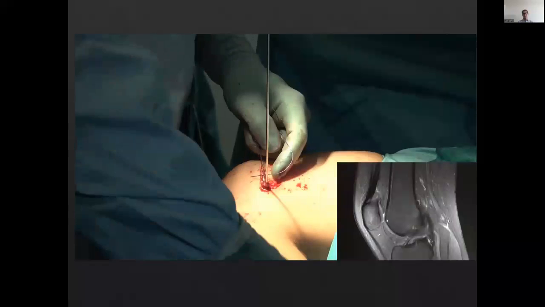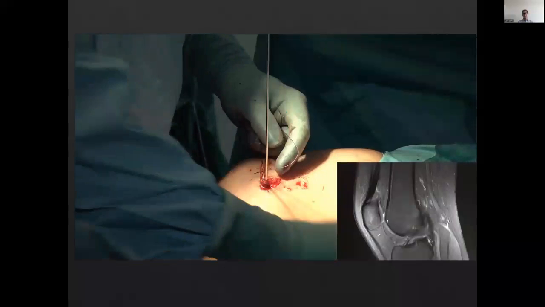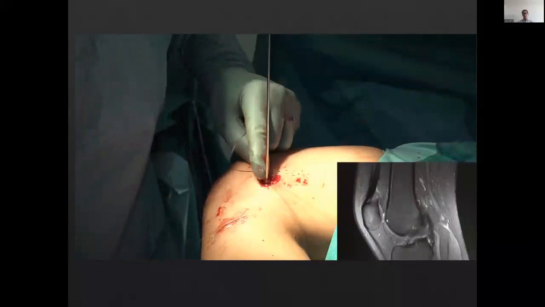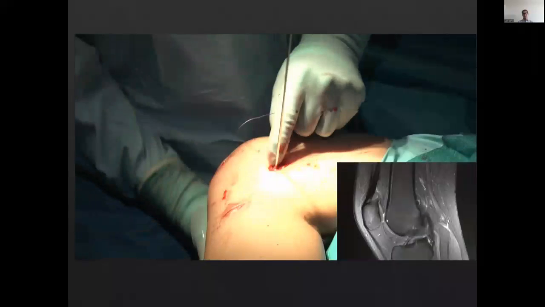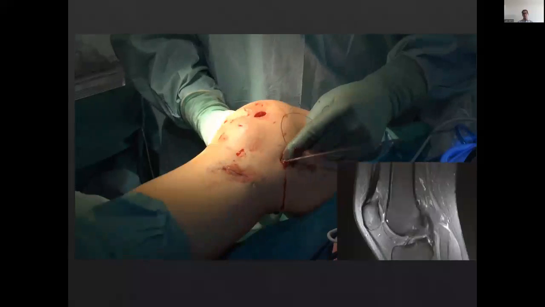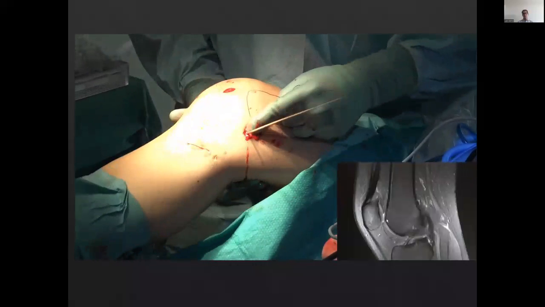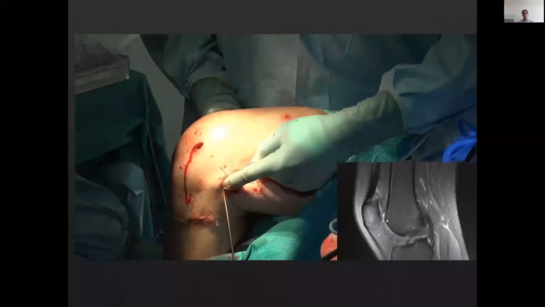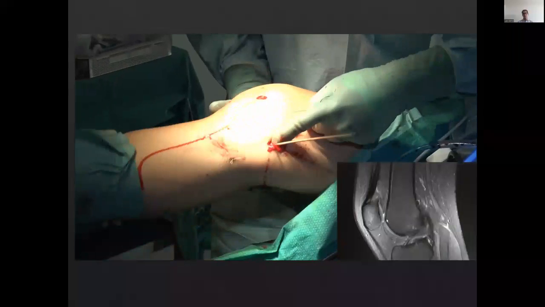This is the MPFL, and when you do a trochleoplasty, it's very important to test for the asymmetry, because the point where you put it goes a little distal. If you just use the normal, more proximal point, it will get tight in flexion. So you have to test for the asymmetry. Good.